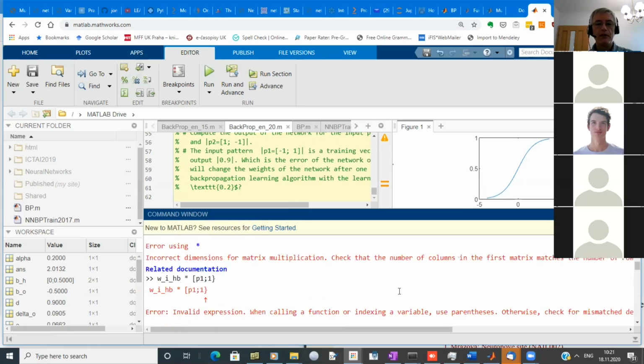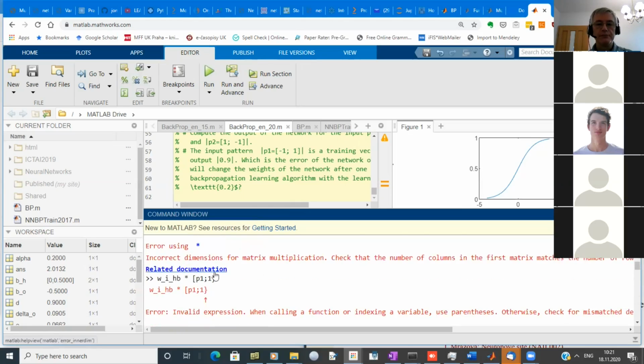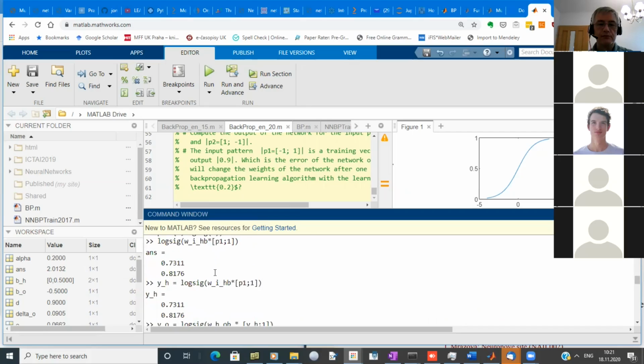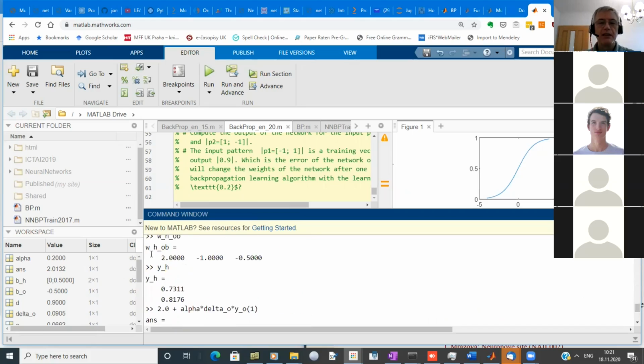I will just show it here. The weight from hidden to output with bias. So these are the weights from all hidden neurons. What is the weight from the second hidden neuron to the output neuron?